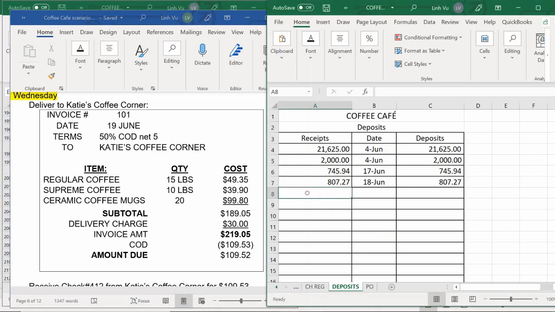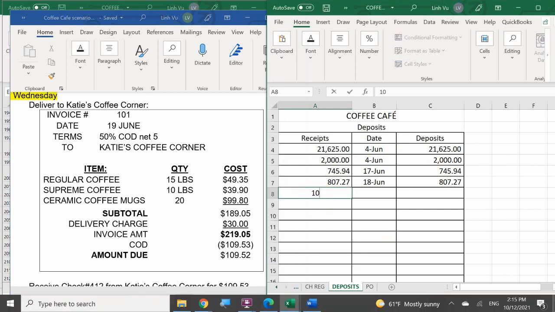But I'm still going to record it, so I collected $109.53 so far, but I'm not going to deposit it just yet. I'm going to wait till the end of the day to deposit it.